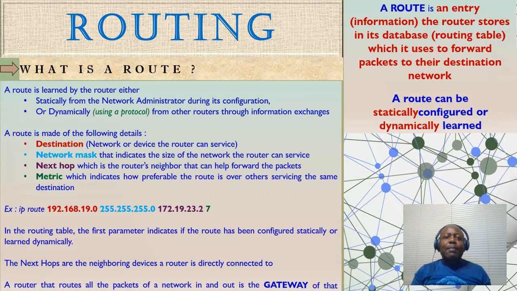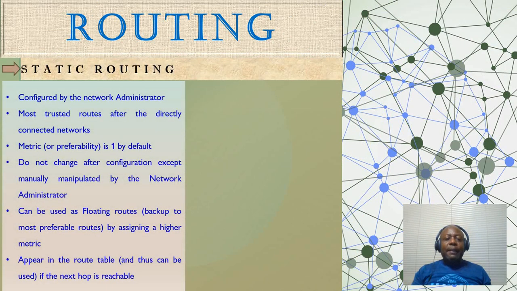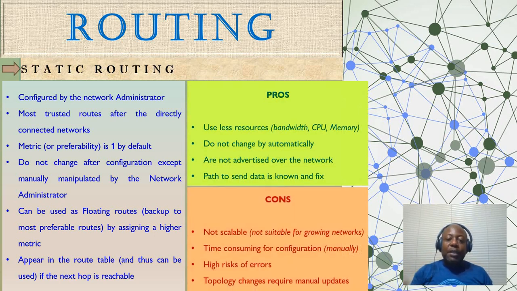Let us take an example here. Of course, before getting to an example, we also have the elements that we're explaining about the believability of the route, and then we have the pros and the cons of the router. But the most important thing to know here is that the static route is not processed.